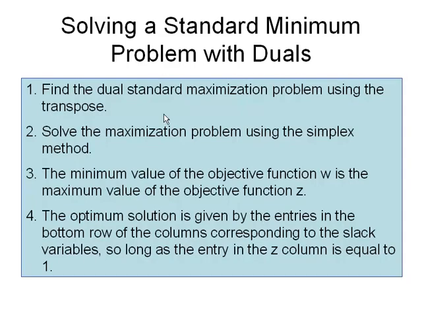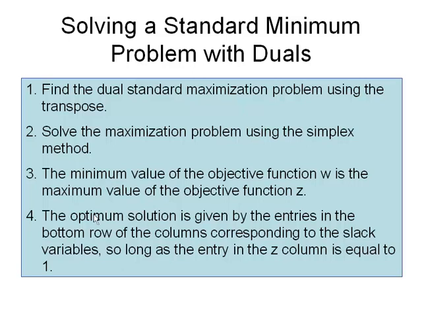So our strategy for doing these problems is in step 1, we're going to find the dual standard maximization problem using the transpose. We'll solve that maximization problem using the simplex method. The minimum value of the objective function w is the same as the maximum value of the objective function z.